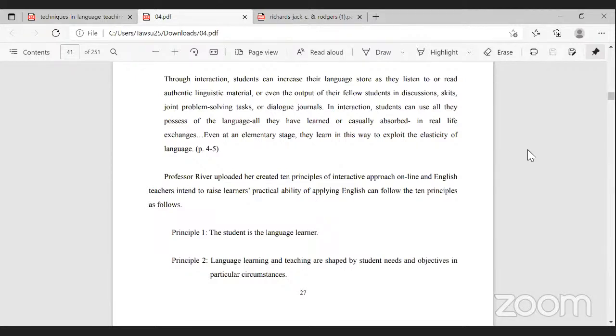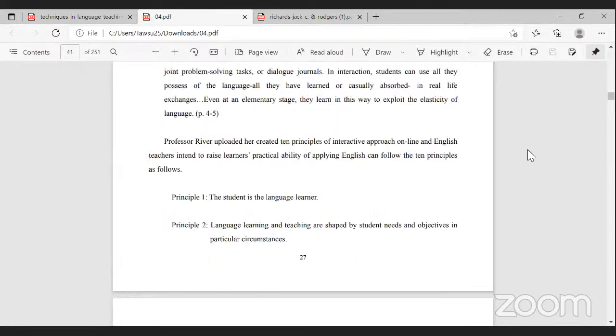So Professor River, the other person from Harvard, collaborated; it is a collaborative work done by both these people. He actually gives us 10 principles of language interaction. Please have a look.